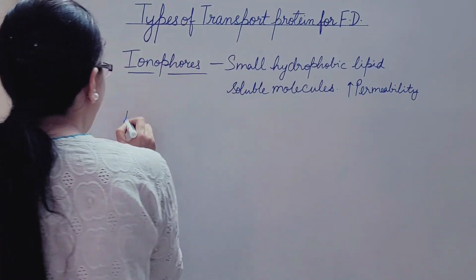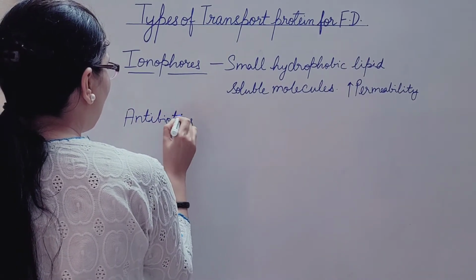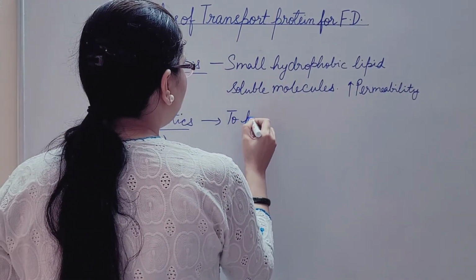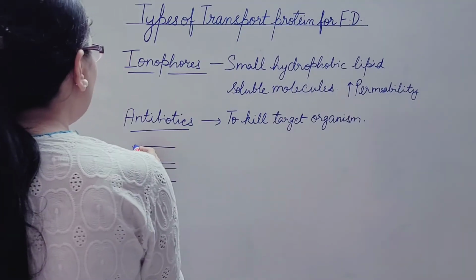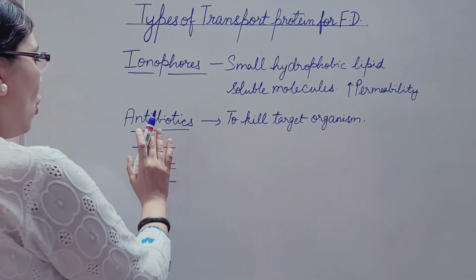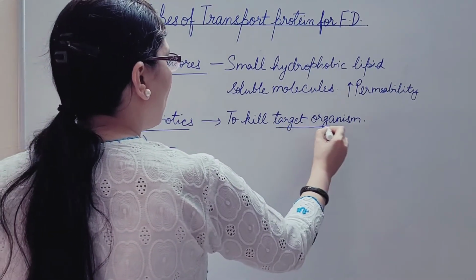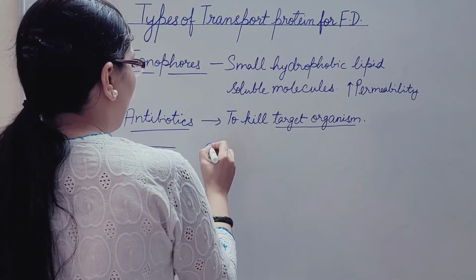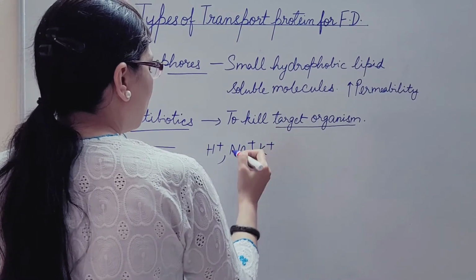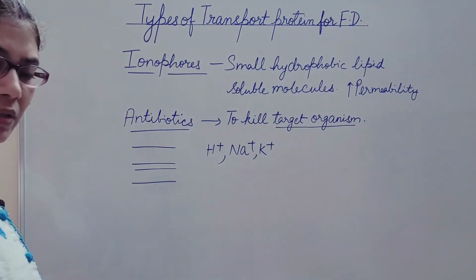These are mostly antibiotics that are produced by the bacteria to kill target organisms. These increase the permeability of the phospholipid bilayer and make it so permeable or so leaky to the ions that it becomes difficult for the target organism to maintain the gradient of some ions like H+, Na+, K+, and other ions that are essential for life, and hence it is difficult for the organism to survive.